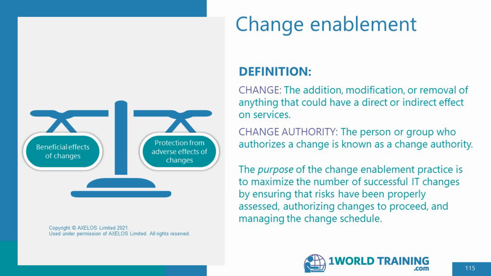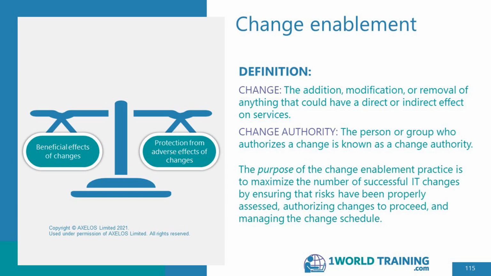Now, that name change wasn't just because we didn't want to conflict with organizational change management. There's been a lot of improvement here, a much better focus on making change happen and making change happen effectively. And the name change reflects that change enablement is about enabling changes.